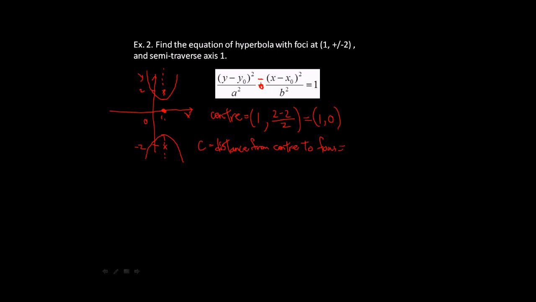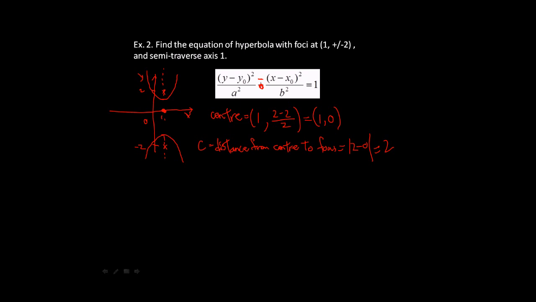Right? And here we know that the center is here, 0, and one of the focus points is, say, this one, the focus point is 2. So it is the absolute value of 2 minus 0, which gives us 2. Right? So this is C. C equals 2.